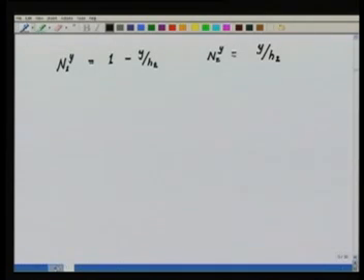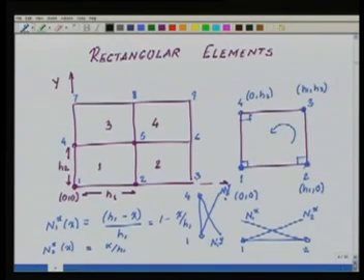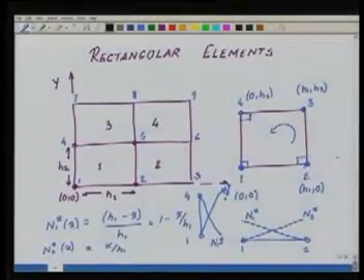Now using these functions, these 1D shape functions that we have defined along this line and along this line, what I am going to do is take product of these functions to get all the functions. You see why it's going to work. If I take the product of n1x, that is the function on this line corresponding to this node, it is n1x.